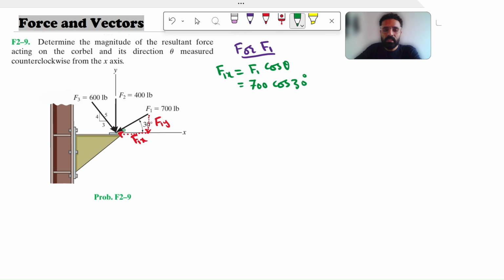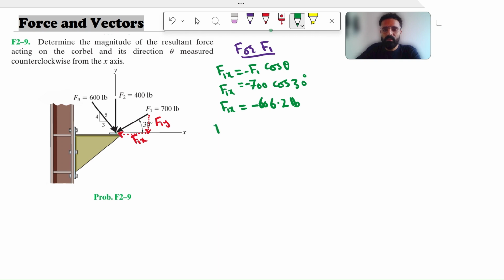This is the origin, so the direction of this force is on the left from the origin, so this component will be negative. So the value of F1x will be minus 606.2 pound. This is the x component of this F1 force.